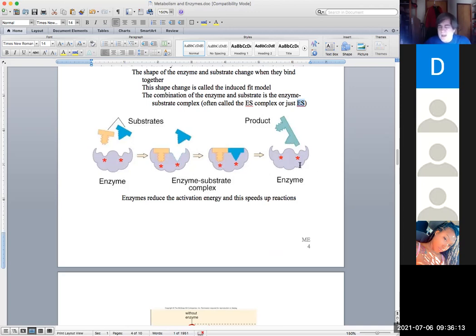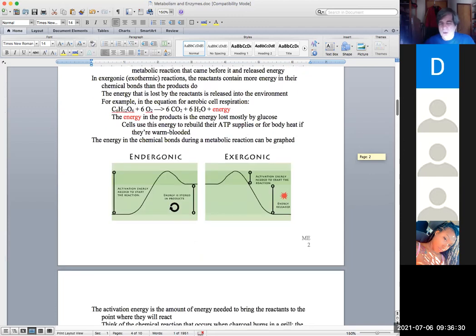Now, because the enzyme does a lot of the work, because it gets the correct reactants together, because it gets the reactants facing the correct orientation, because it stresses some of the old bonds, so it makes it easier to make new bonds, the enzyme lowers this activation energy. So this hill is going to be a little bit shorter than it is.